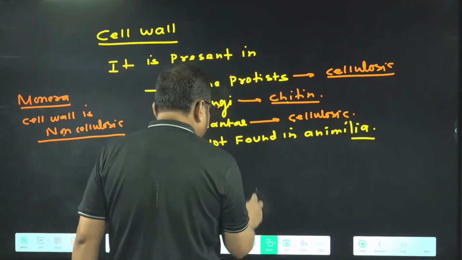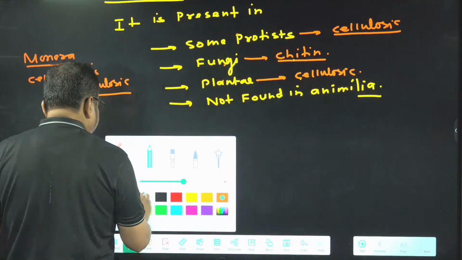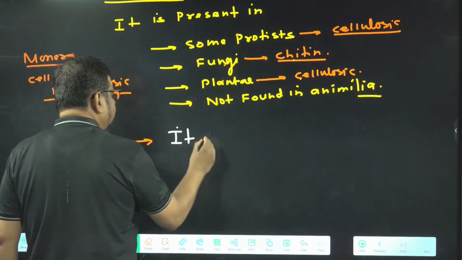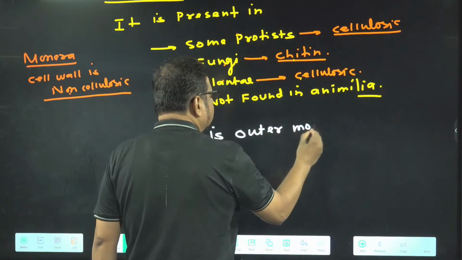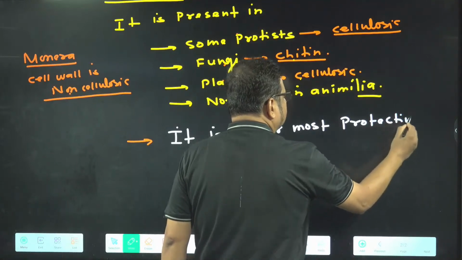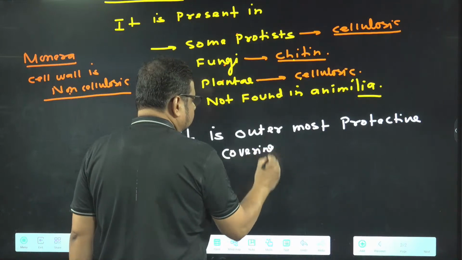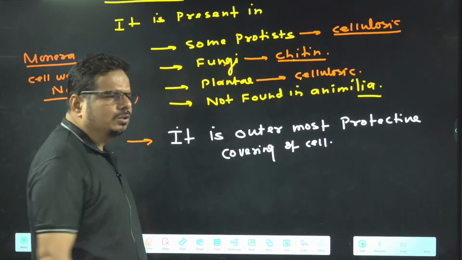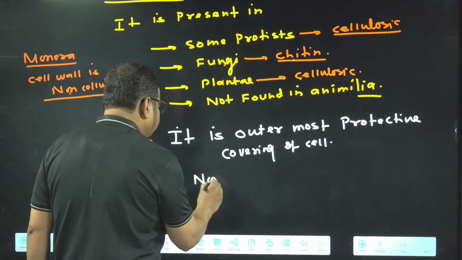So if we talk more about the cell wall, we can write that it is the outermost protective covering of the cell.